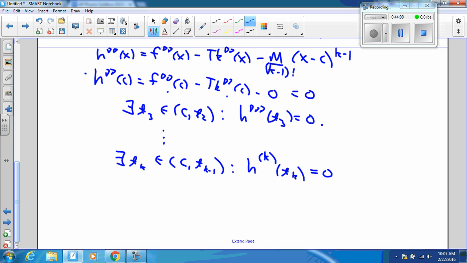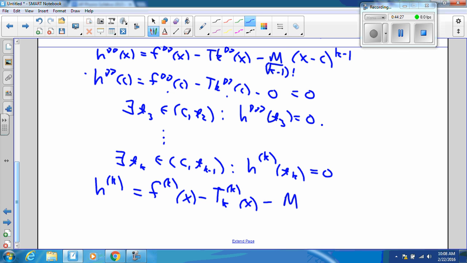And let's figure out what that kth derivative would be, and then we'll get a little bit of insight. That kth derivative is going to be the kth derivative of f minus the kth derivative of Tk minus m times, check our pattern here, two derivatives give me k minus 1 factorial.